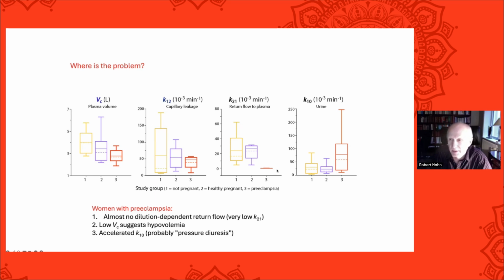And this is what happens if we introduce a vasoactive peptide somewhere that reduces the pressure in the interstitium. Then fluid will accumulate there, and it will be very difficult to return. So here's the capillary leakage of fluid. You say that's almost on the low side.